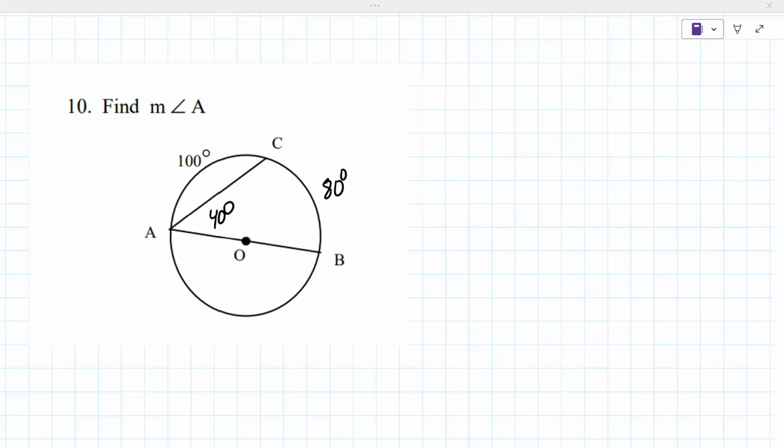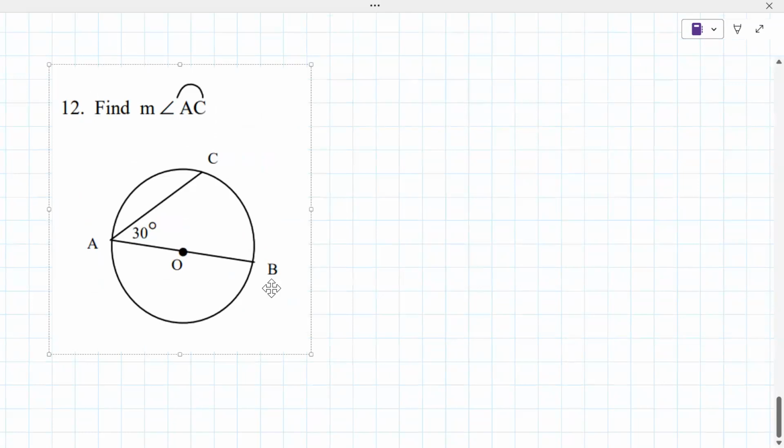It's slightly different. I got A to C is 120. You are correct. Very good.